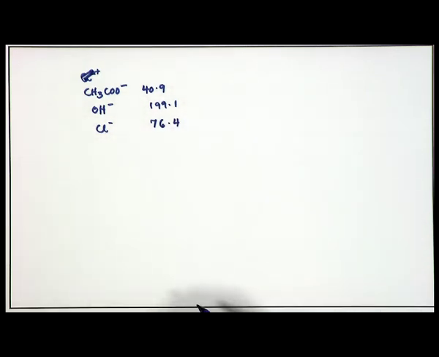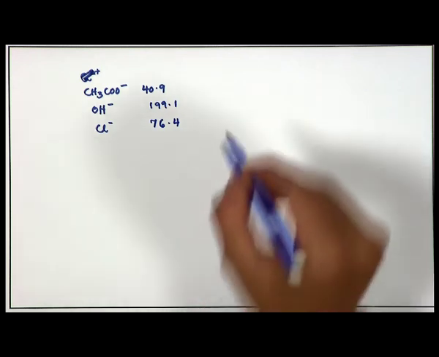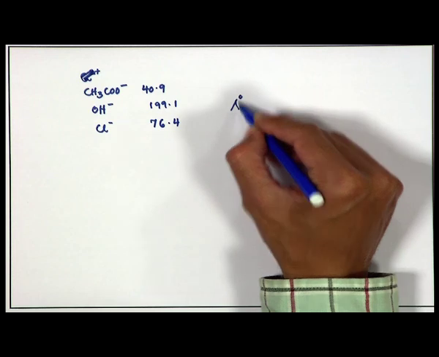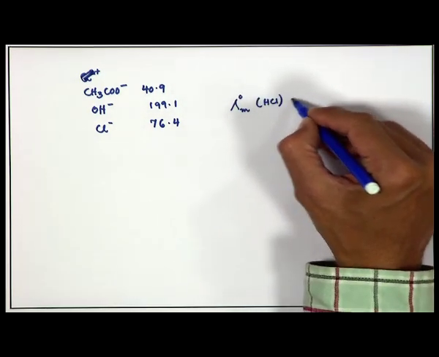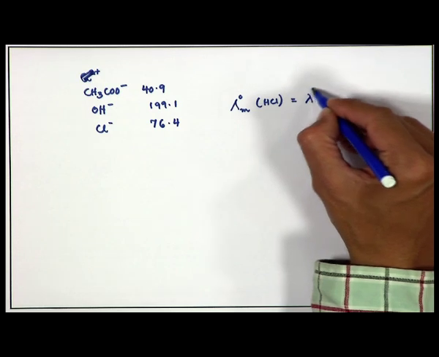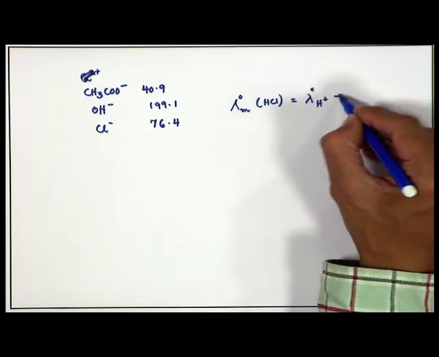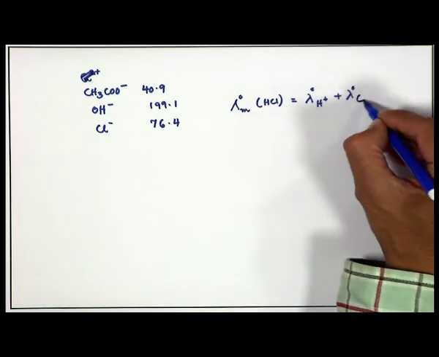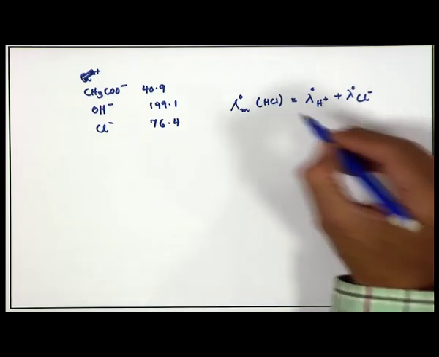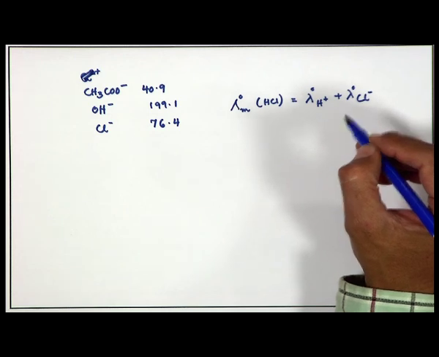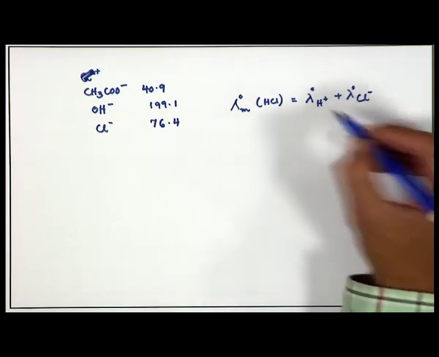So, suppose if you want to find out the lambda 0 m for HCl, then it will be lambda 0 H plus plus lambda 0 Cl minus. So, just plug in the respective values for lambda 0, and that will get you the value of lambda 0 m HCl. Okay. Now, the point is how to find out this lambda 0.